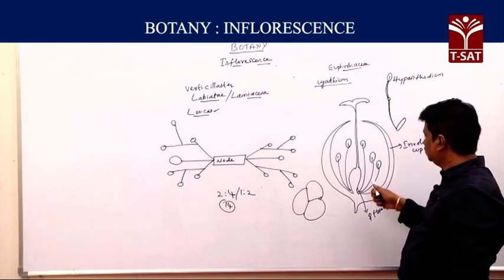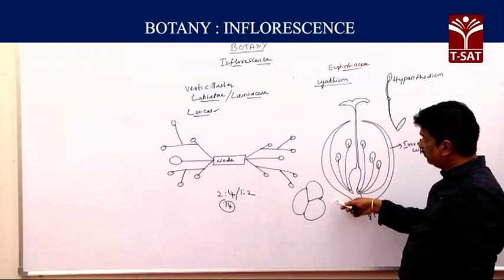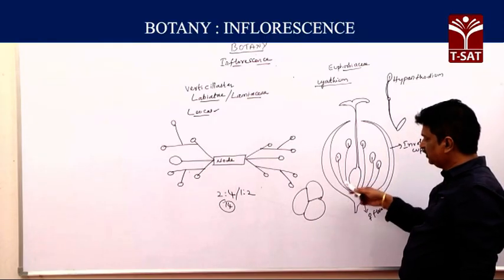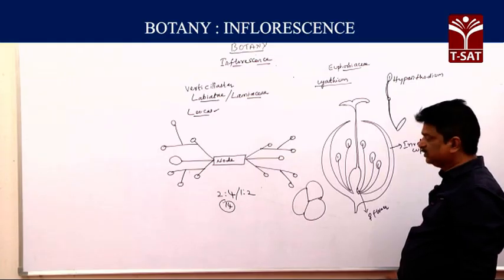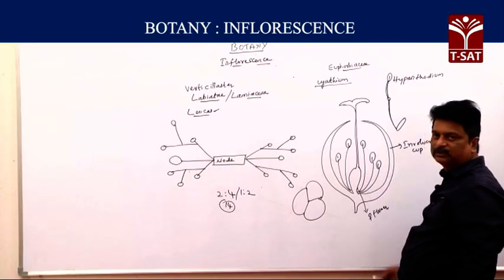So the point is, the ratio between female and male flowers is 1:many. The ratio among sporophylls, megasporophylls to microsporophylls, is 3:many, because the female flower is 1 and it has 3 megasporophylls, or 3 carpels, and each male flower is reduced to 1 stamen.